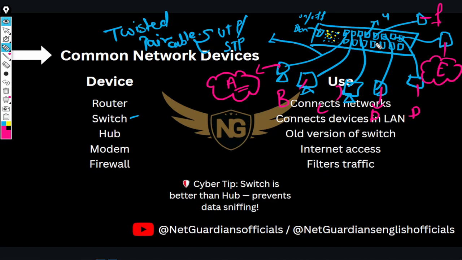So what will the switch do? I will tell the switch from device A, hey buddy, hey switch, I want to share this file with PC E. Can you do it for me? I give the file to the switch. The switch will be like, hey buddy, no issues, I will share the resources. Then it finds the way to reach the destination where E is connected.